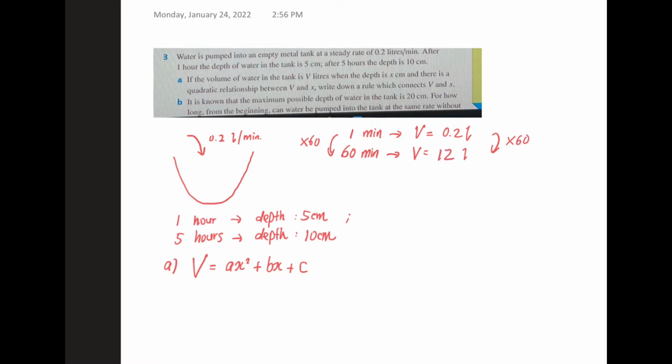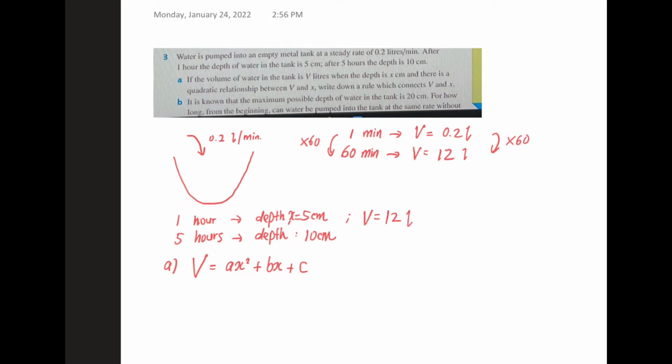So I know when the time is 1 hour or 60 minutes, the volume is 12. So V is going to be 12. The depth, which I label with x, is equal to 5. The volume is 12 liter.